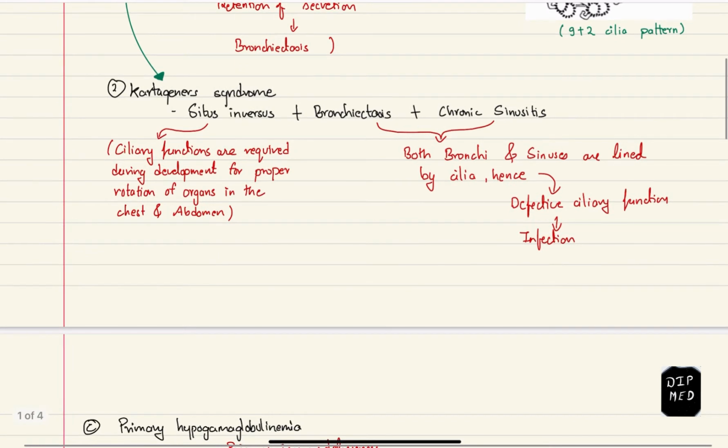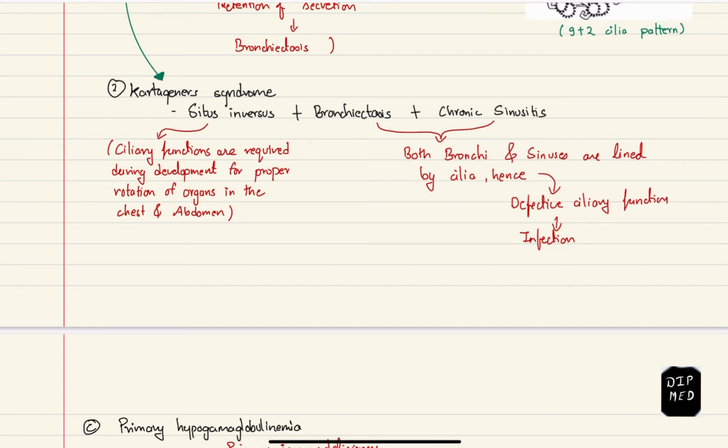The reason why there is situs inversus in Kartagener syndrome is because during the process of development, our visceral organs rotate and finally come to lie in their normal anatomical position. This rotation is possible due to ciliary function. But if there is a defect in the cilia, rotation does not take place. So the organs do not lie in their normal anatomical position.